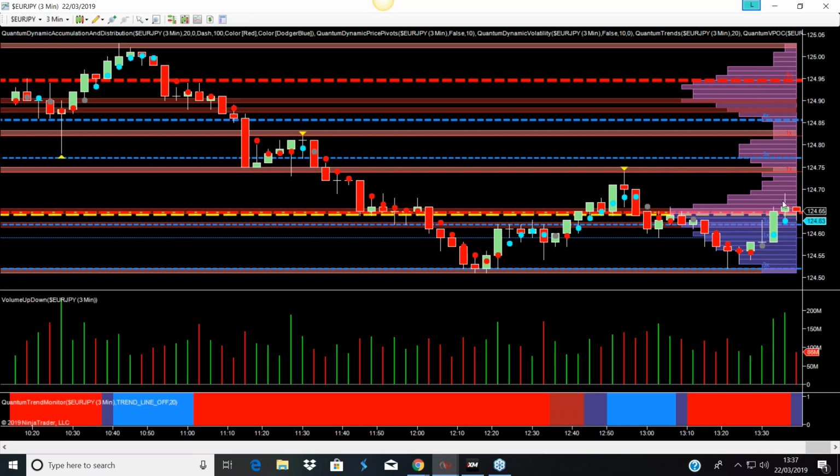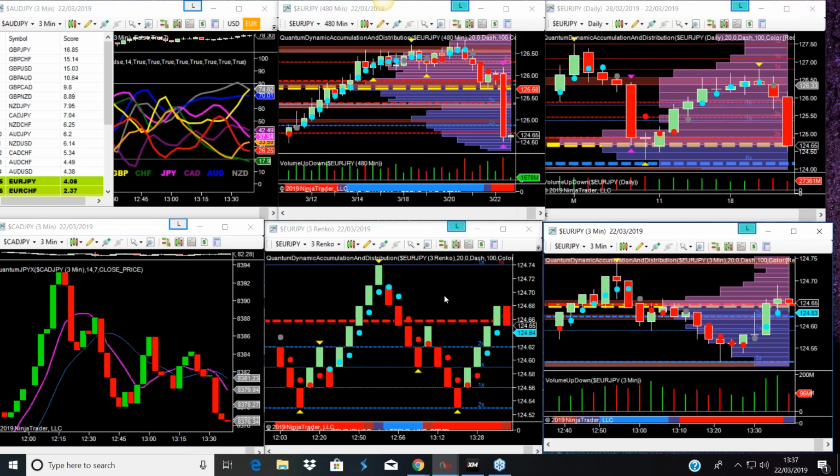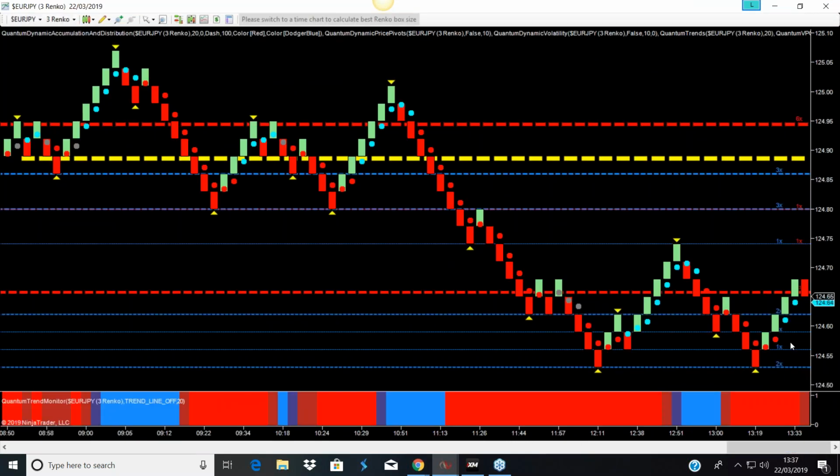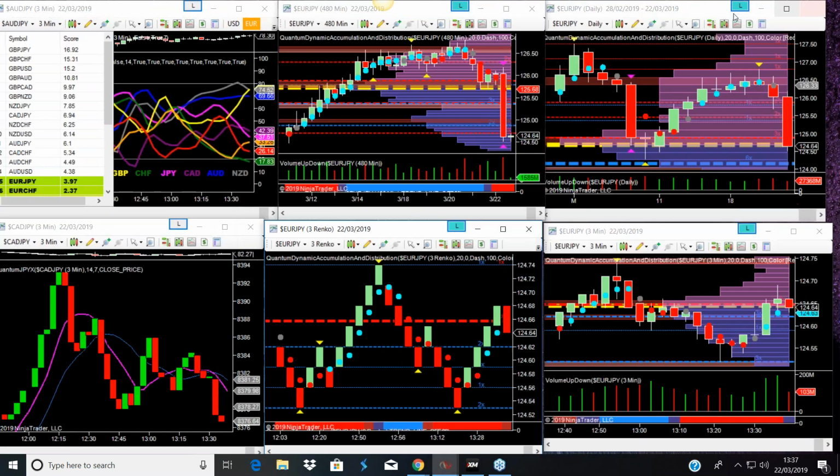You have more volume under there, but look at the candle. You've got a wick to the top and a narrow body. That's not really very encouraging. We don't really want to see that. So maybe with euro yen, it's just patience and see what happens on the Renko. Yeah, it's sort of struggling here a little bit as well. So there's no momentum in this pair at the moment.